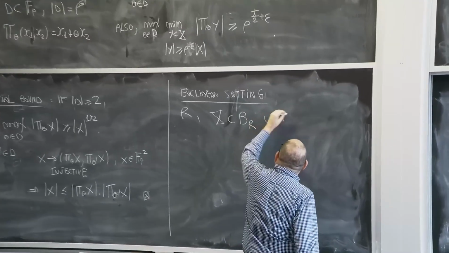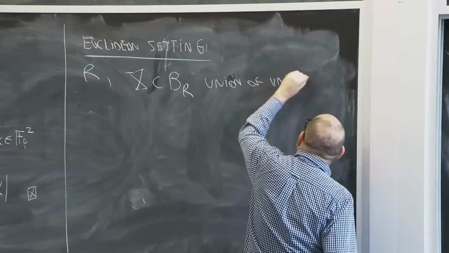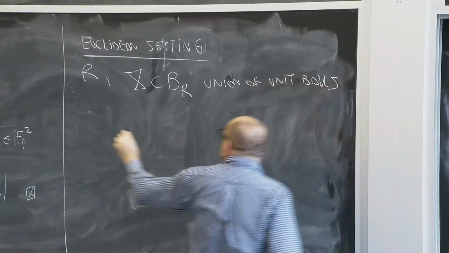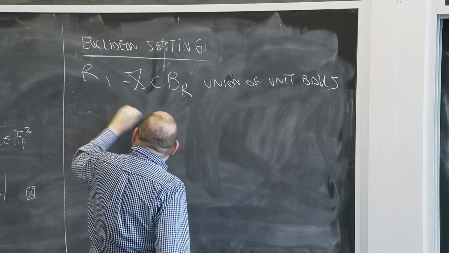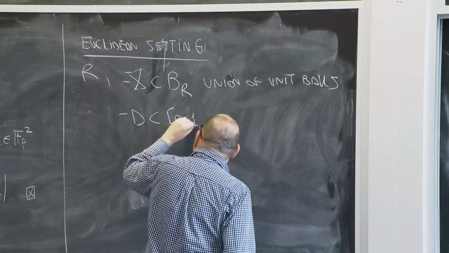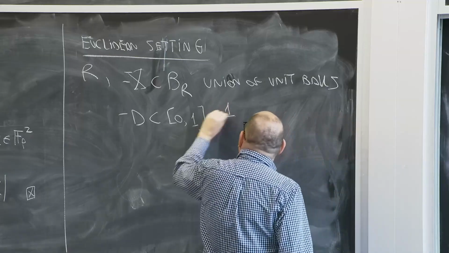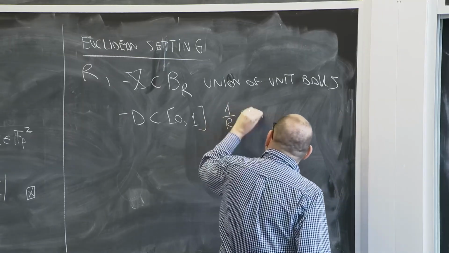And let's suppose that x is a union of unit balls. And D, let's say in 0, 1, maybe 1, 2 would be slightly more natural, but it doesn't really matter much, is a 1 over r separated set.